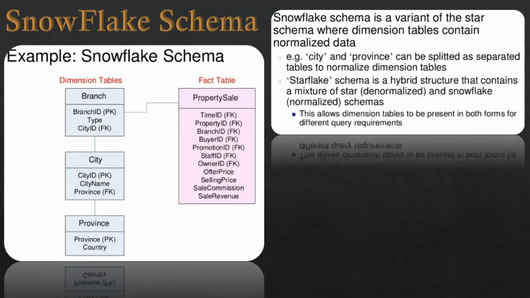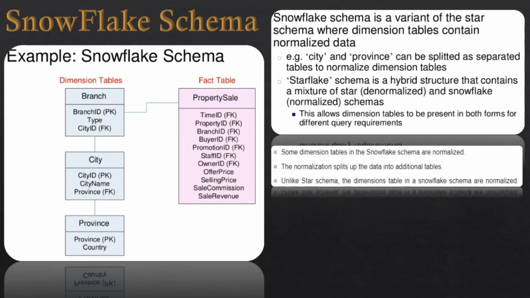We have one fact table called property sale and we have a dimension table called branch, and we can say that this dimension table is then normalized into city and province tables. Again, the fact table has those foreign keys and the dimension table has its dimension and primary keys.